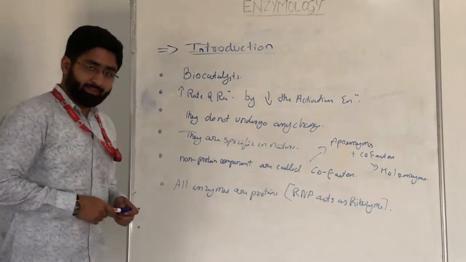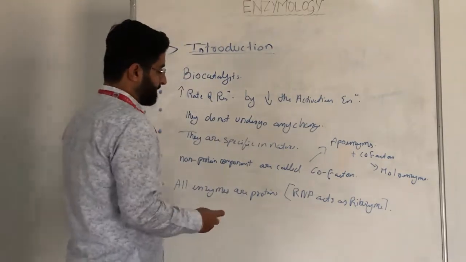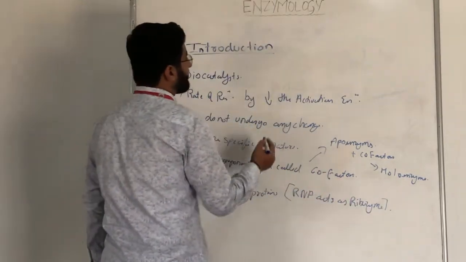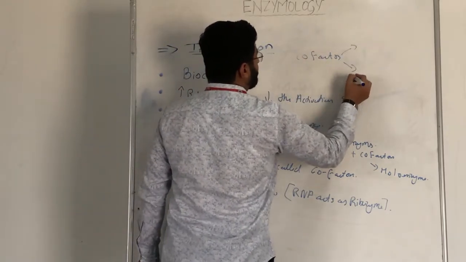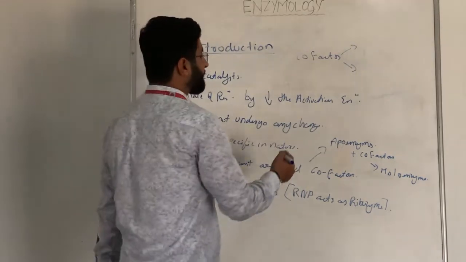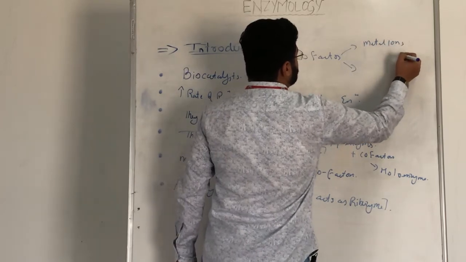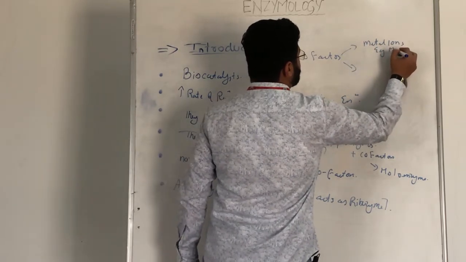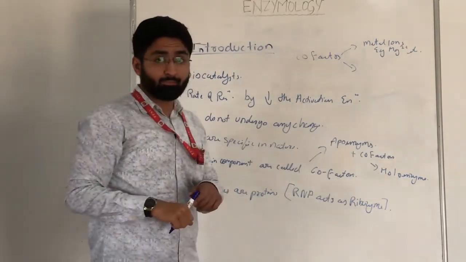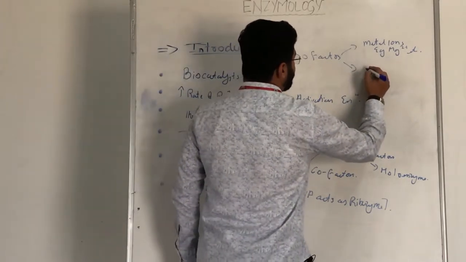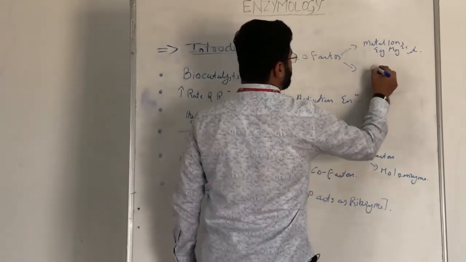One more thing to note down here is that these cofactors can be divided into two categories. One is metal ions, for example Mg2+, etc. And another, where an organic molecule is used, is known as coenzymes.